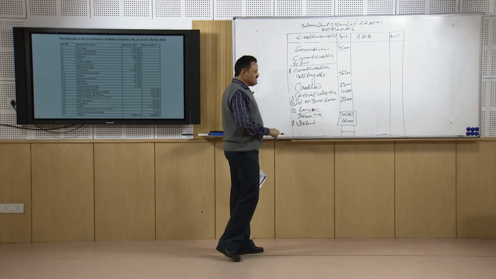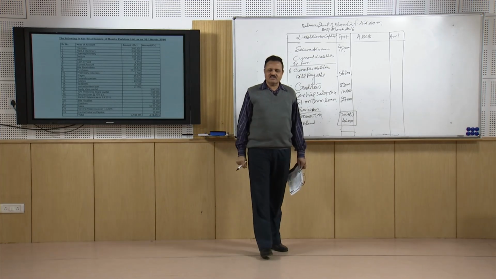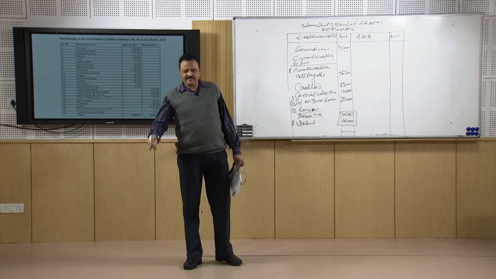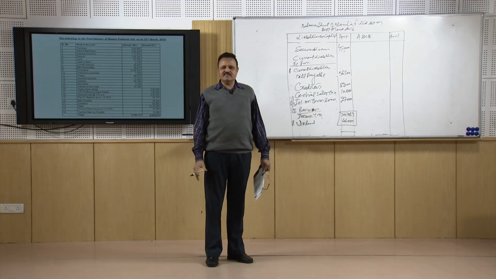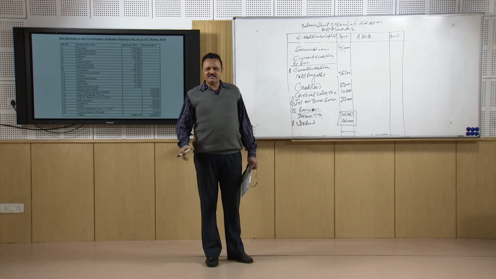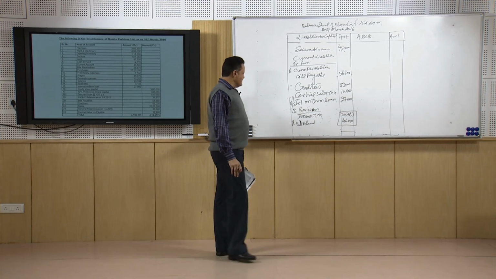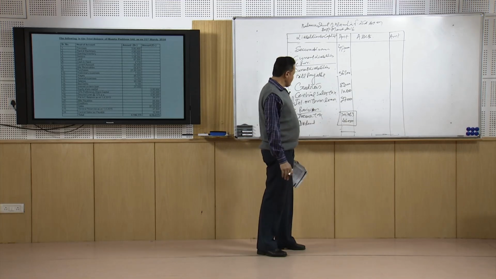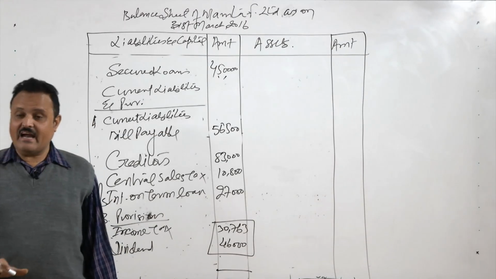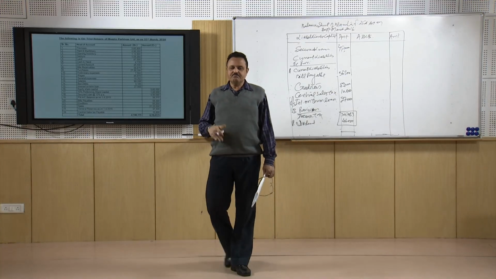Now after the date of the balance sheet, the last date of the year, the income tax will be transferred to the government account. After that, maybe in the new year, maybe within a month, or as early as possible, it should be transferred to the government account. So it remains as a provision here till the time it is paid to the government.